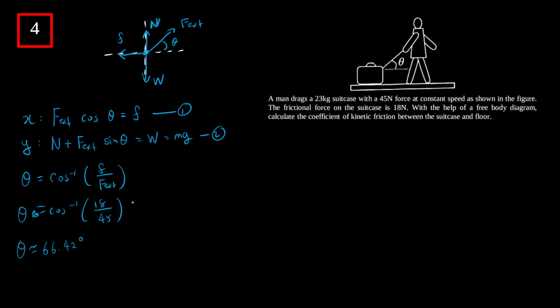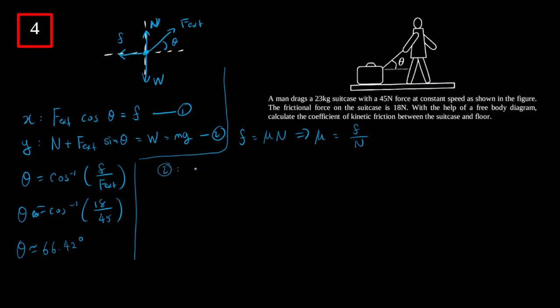Now that we have our angle, we want to look at our equation for frictional force. Frictional force is defined by mu N. Because we want to look for mu, let me rearrange this equation, so I'll have mu equals F over N. I want to look for N, and I can do it by rearranging equation 2.